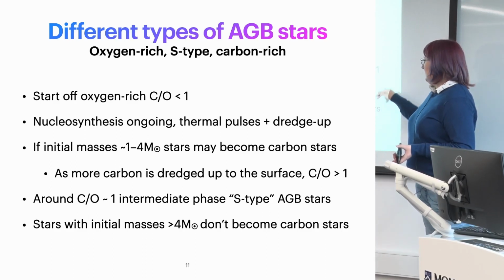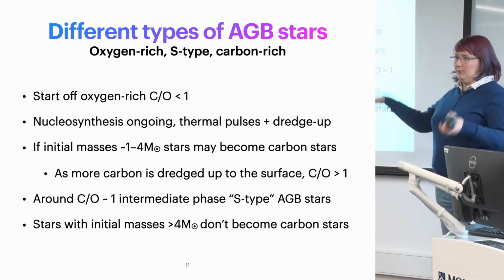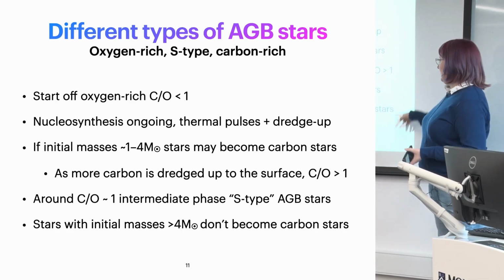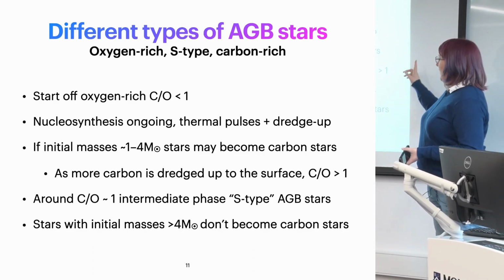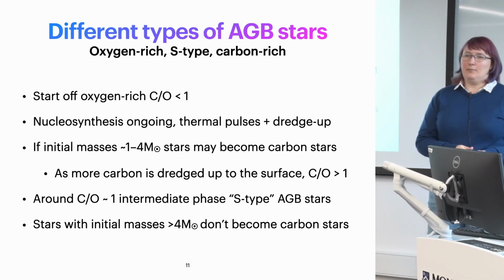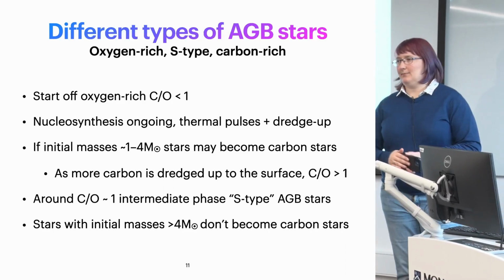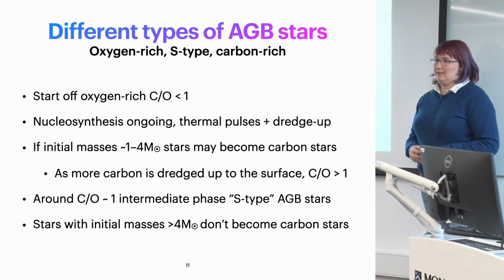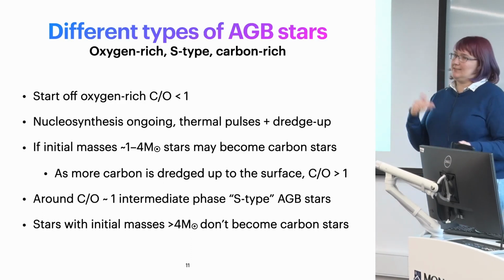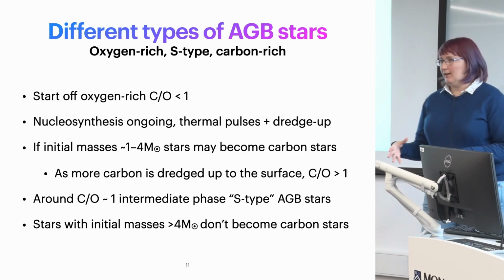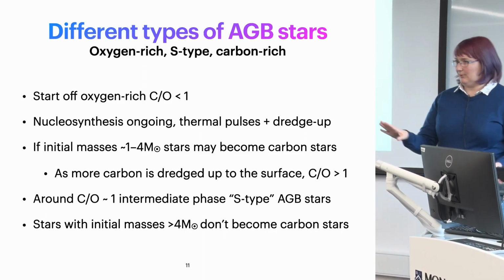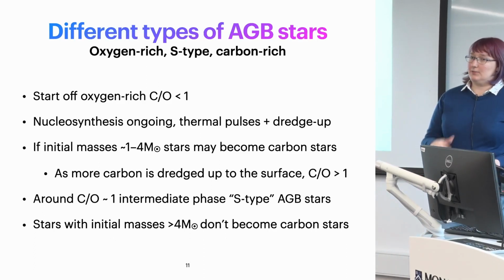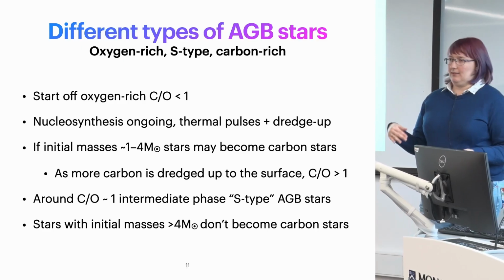And then eventually, with more dredge up, more thermal pulses, they become carbon-rich. Stars with initial masses above about 4, again, depends on metallicity, don't become carbon-rich or don't stay carbon-rich because they're massive enough for additional nucleosynthesis processes to occur. For example, hot bottom burning, which I won't go into too much detail, but that destroys the carbon, and so they go back to being oxygen-rich.